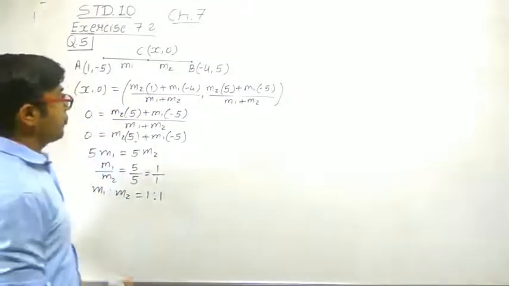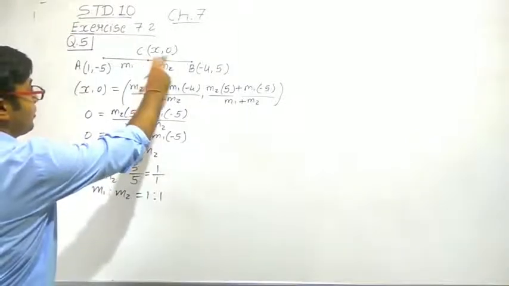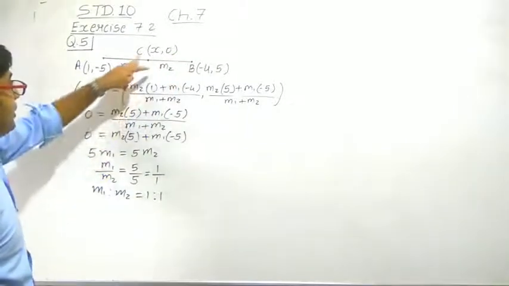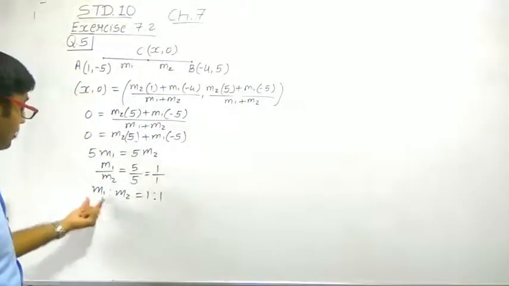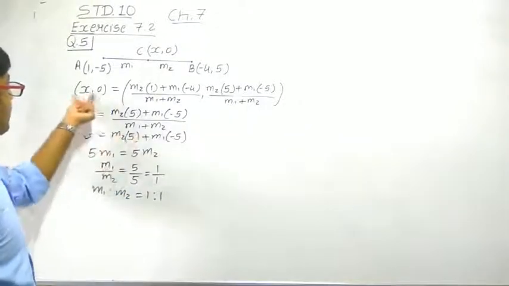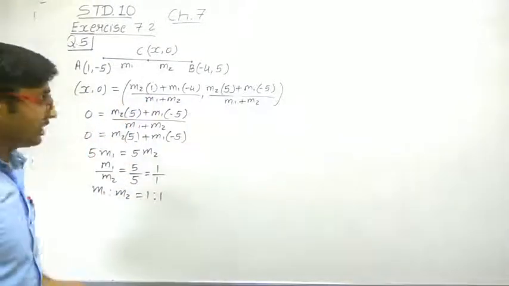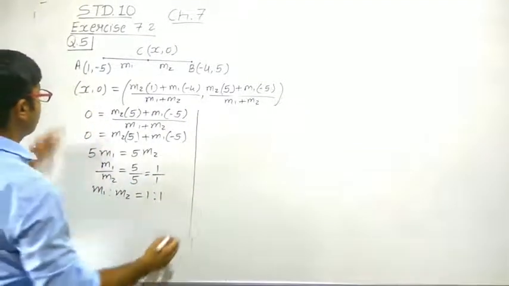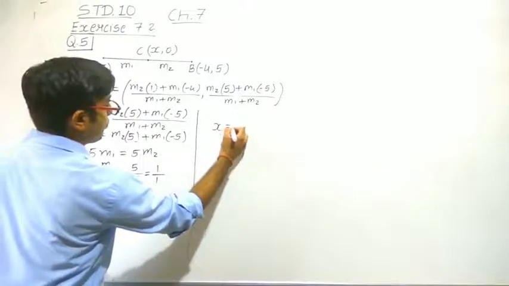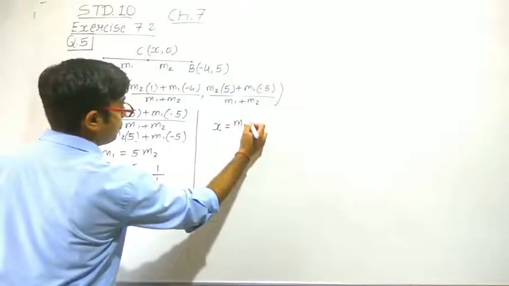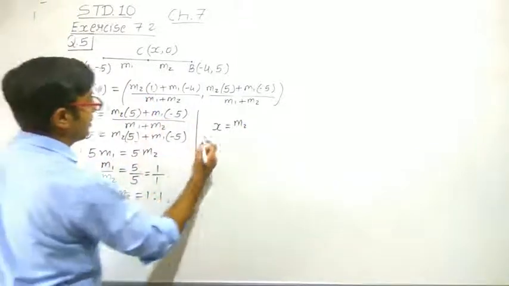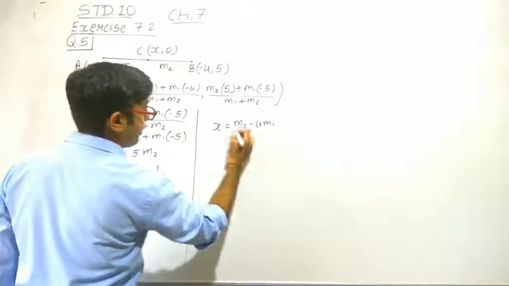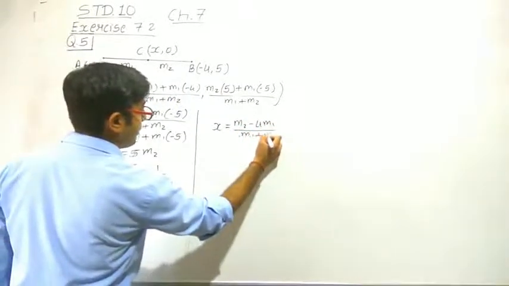Right? So now we have to find out the x coordinate, because the y coordinate value is 0. So to find out the value of the x coordinate, now we can put the m1, m2 values when we compare the x coordinate. So when we compare the x coordinate, we get x is equal to m2 into 1, that is 1, minus 4 into m1, that is minus 4 m1, upon m1 plus m2.